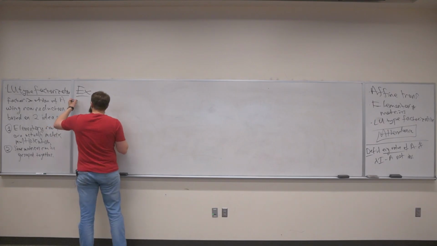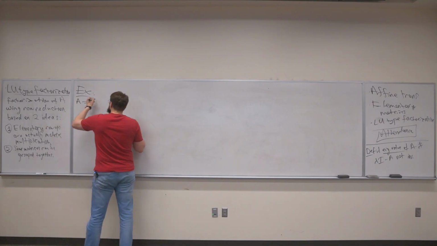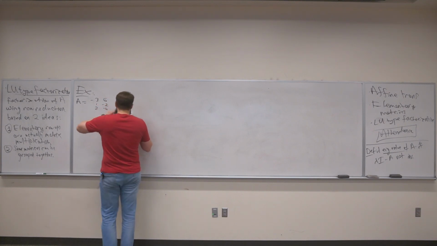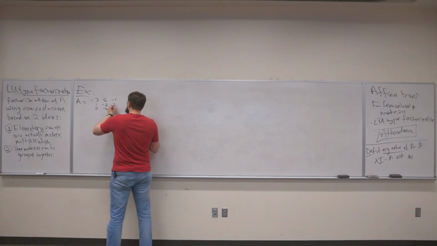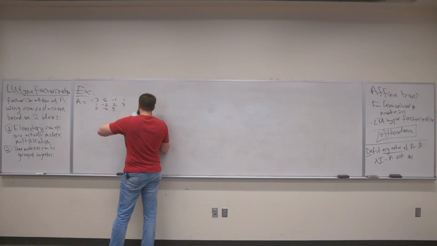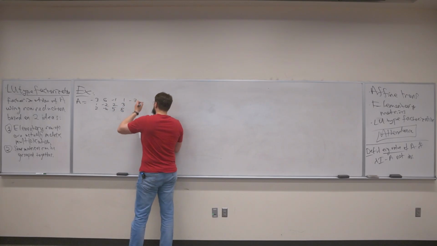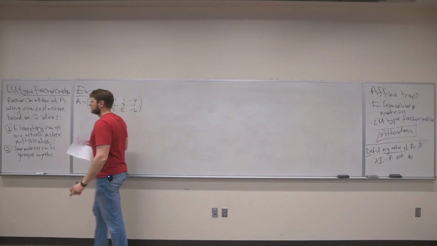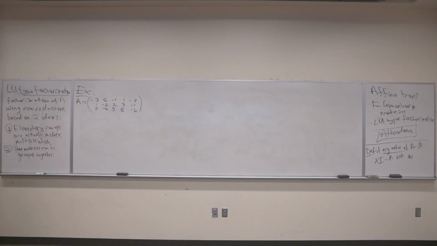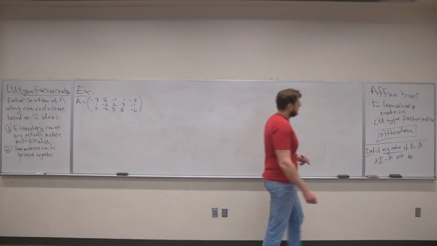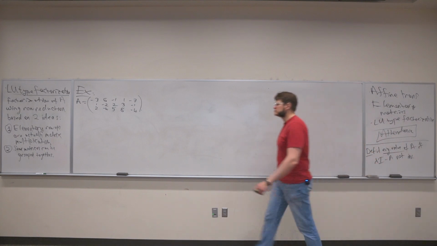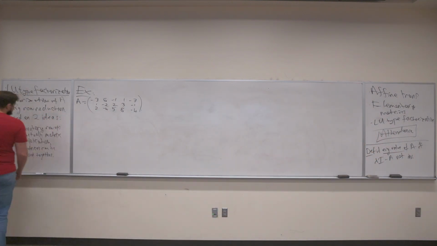Here's my A. It's 3 by 5: minus 6, minus 2, minus 4, minus 1; 2, 5, 1, 3; 8, minus 7, minus 1, minus 4. Let's say we're trying to row reduce this. Ultimately, in this LU type factorization, U, at least in the vanilla version, is an echelon form of A. There are different versions of this, but that's the vanilla version.